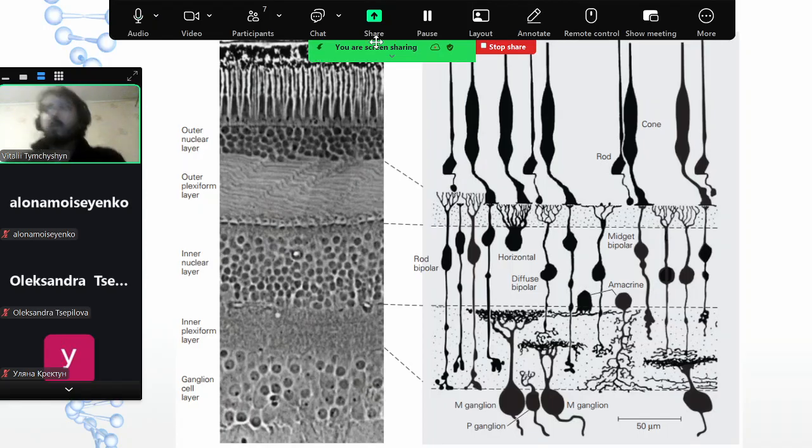Now let's continue where we have ended our journey. So what did we consider yesterday? We started with the photon of light that came to an eye, went through all those layers like vitreous body and lens and cornea, so on and so forth, was able to get to the photodetectors, that's our rods and cones, then was detected by our photodetectors.